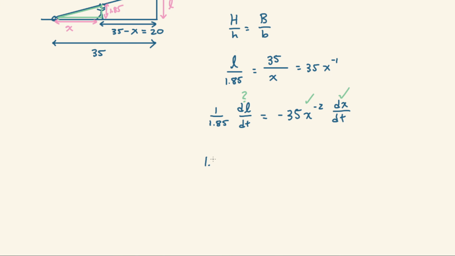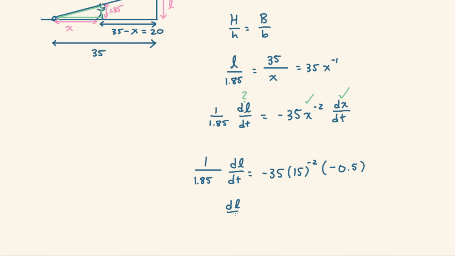So 1 over 1.85 dL over dt is equal to negative 35. We know x is equal to 15, so 15 to the minus 2, and this is negative 0.5. And now all that's left to do is multiply both sides by 1.85.